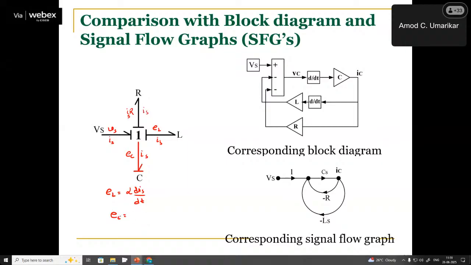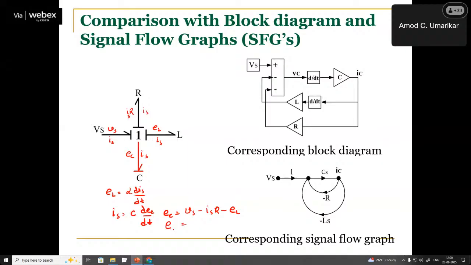What is Is in this EC? C dEc by dt. What is EC? Vs minus IsR minus EL. What is EL?